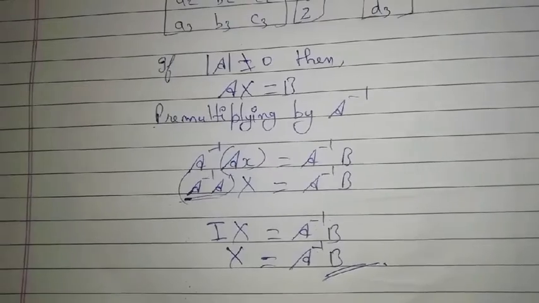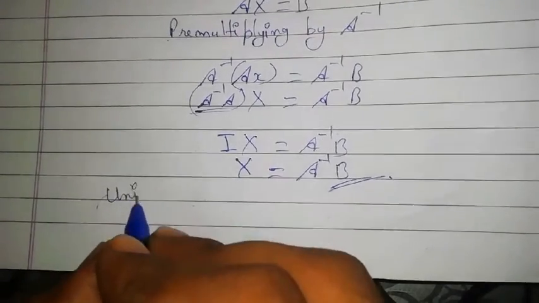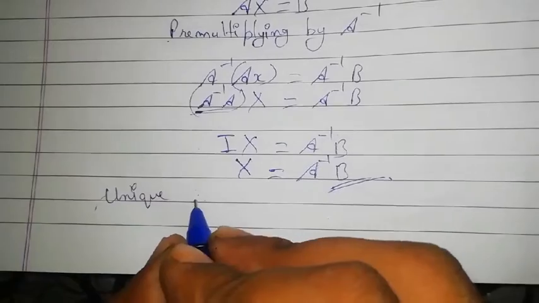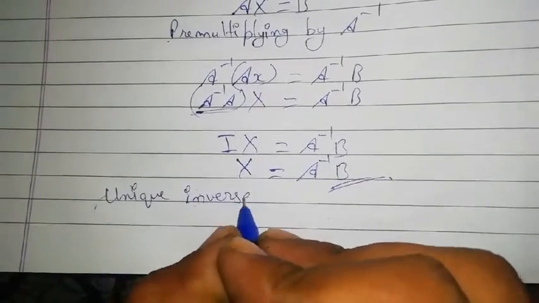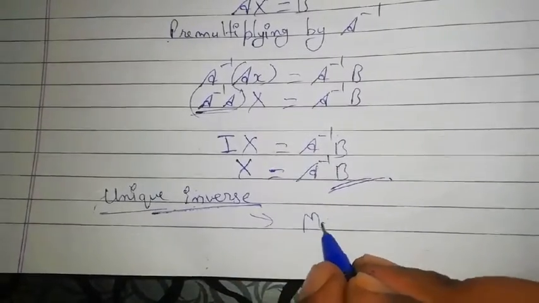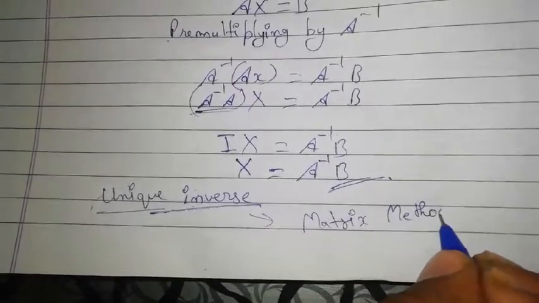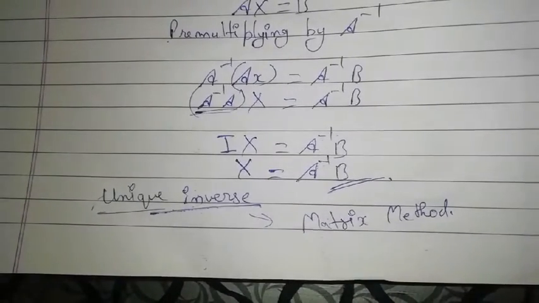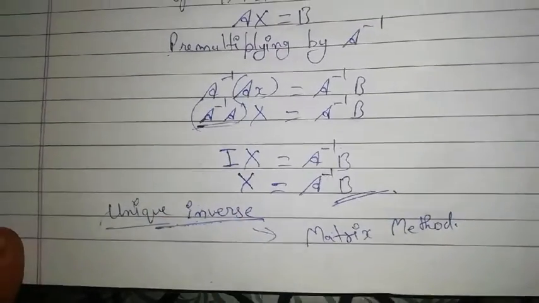It means that the inverse of this matrix is unique, it has a unique inverse, and this method is called the matrix method. So what we have done here is just pre-multiplied everything by A inverse.